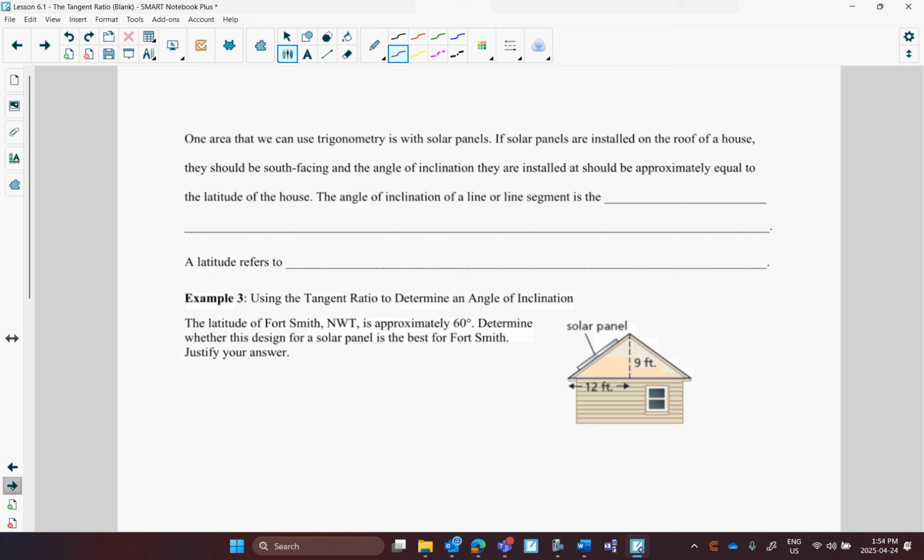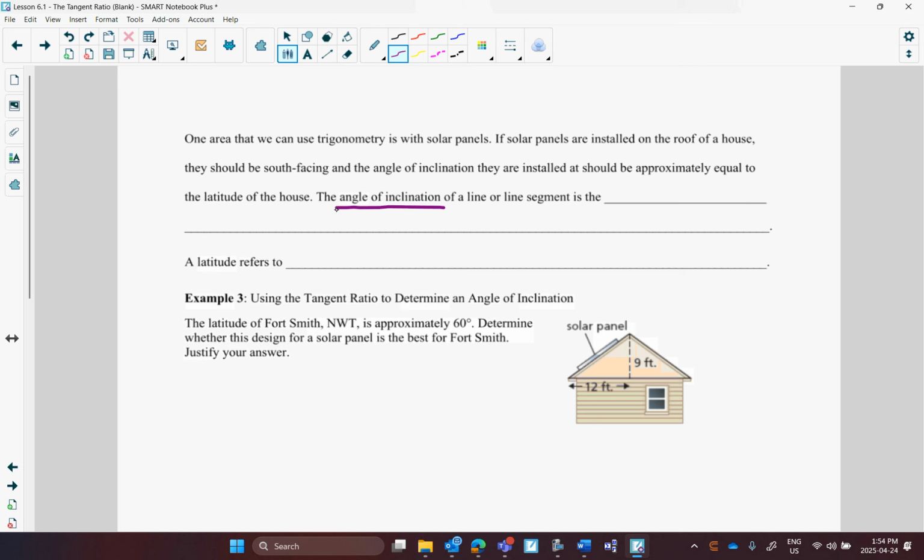So if you want to put it on your roof, you got to know the latitude of where you live, and you got to know the angle of inclination of your roof. What does the angle of inclination mean?